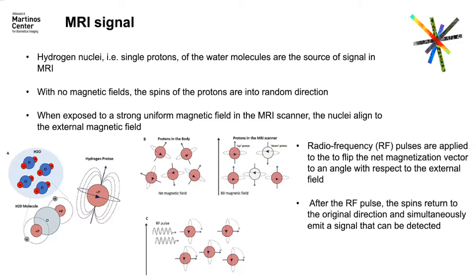And after the RF pulse, the spins start to return to their original direction, and simultaneously they emit a signal that can be detected in the scanner.